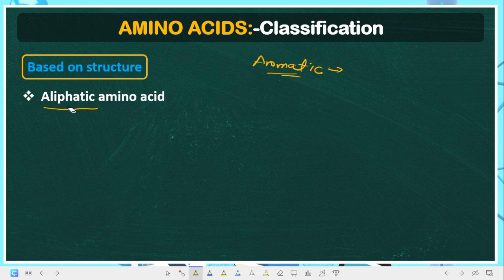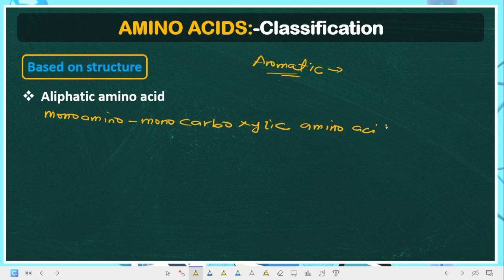Now, under the aliphatic amino acids, we have classifications. Under the aliphatic, we have the monoamino, monocarboxylic amino acids. Now, what are the monoamino, monocarboxylic amino acids?